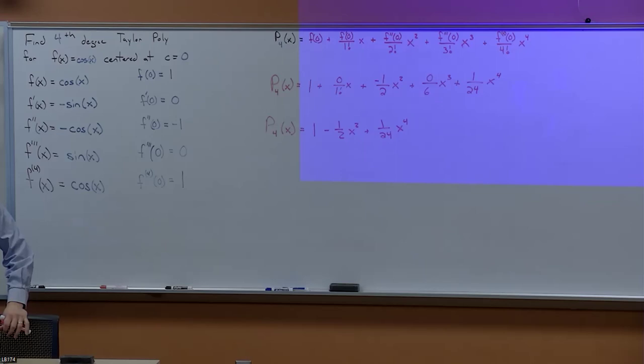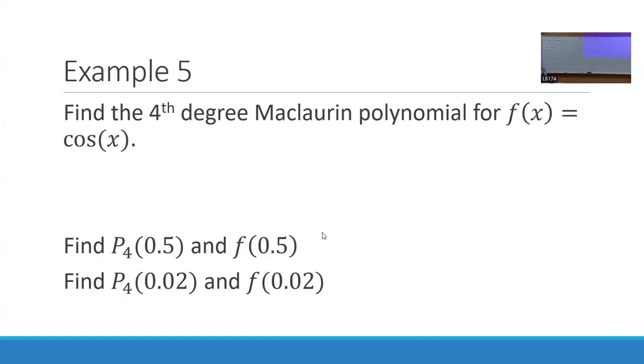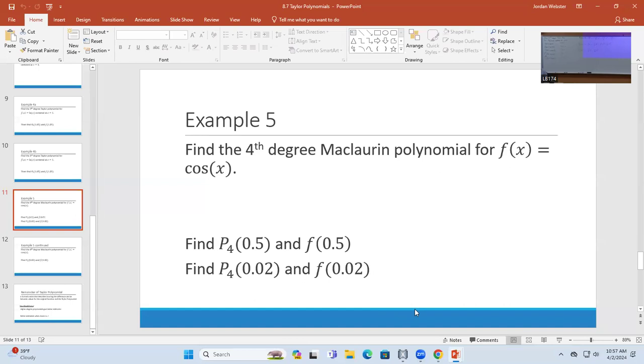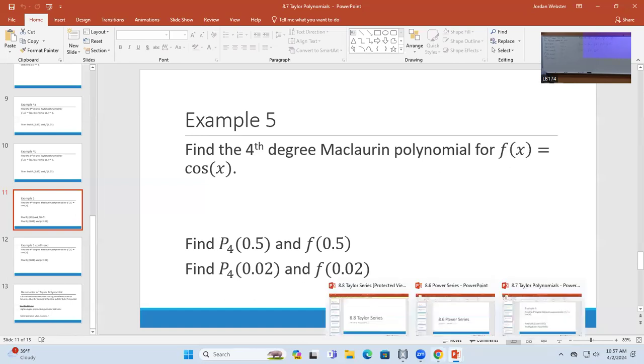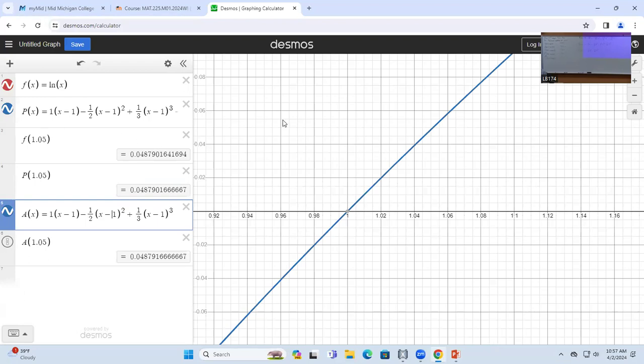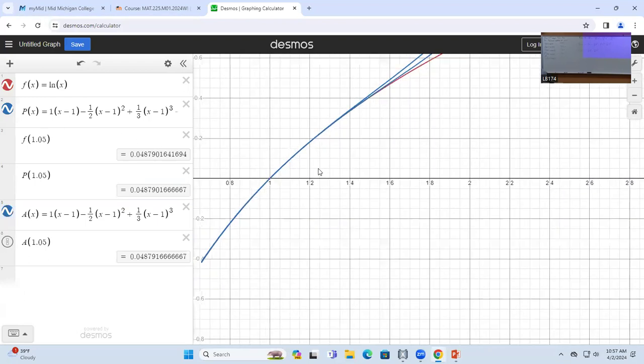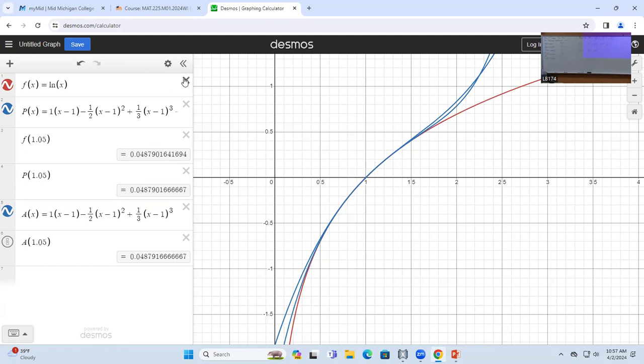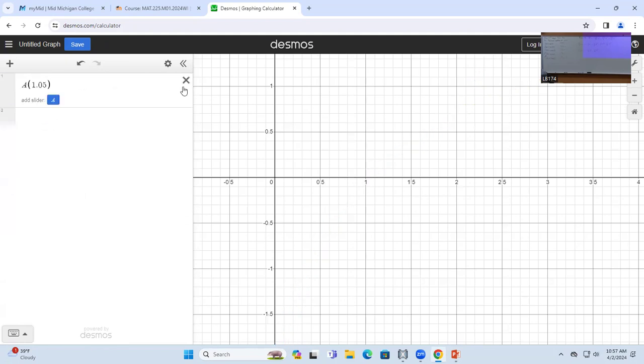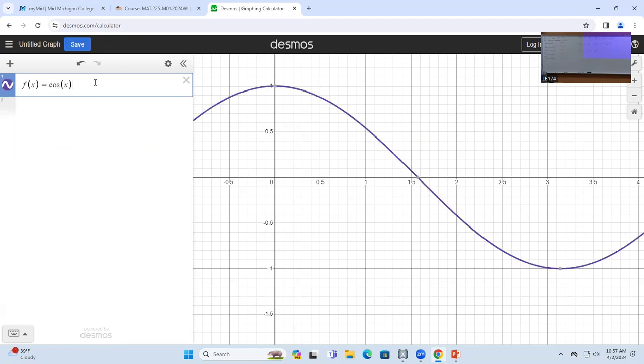In fact, if we do want to approximate, I like to use my calculator or Desmos to approximate efficiently. So let's go ahead and do that. Let's take f of x equals cosine of x.